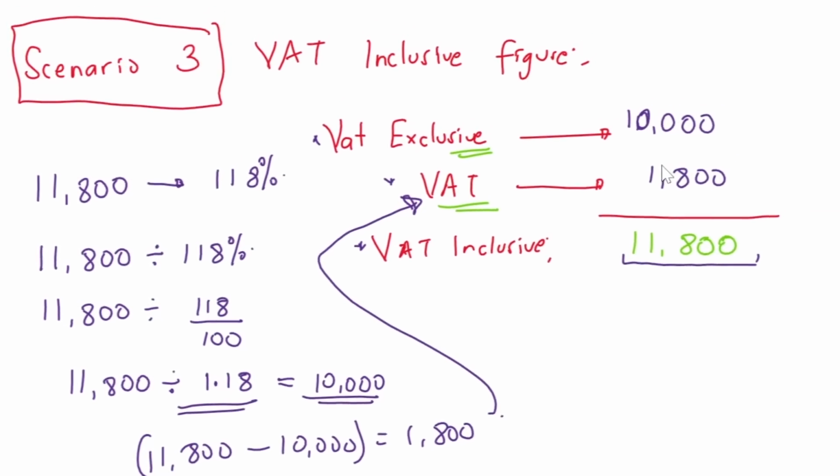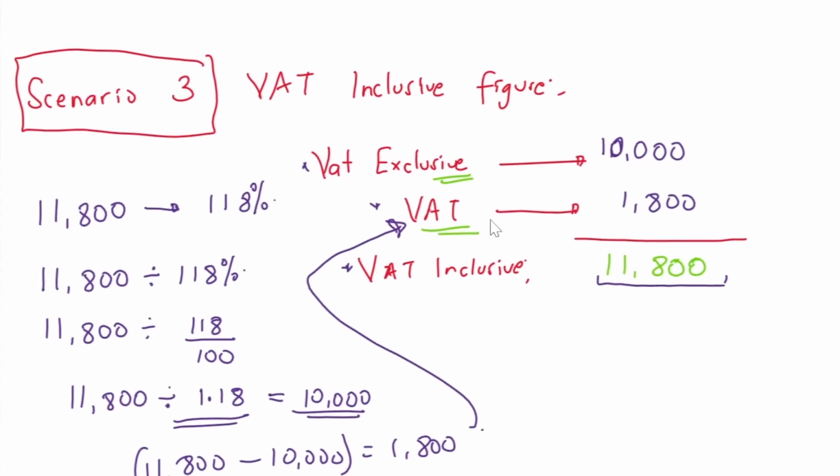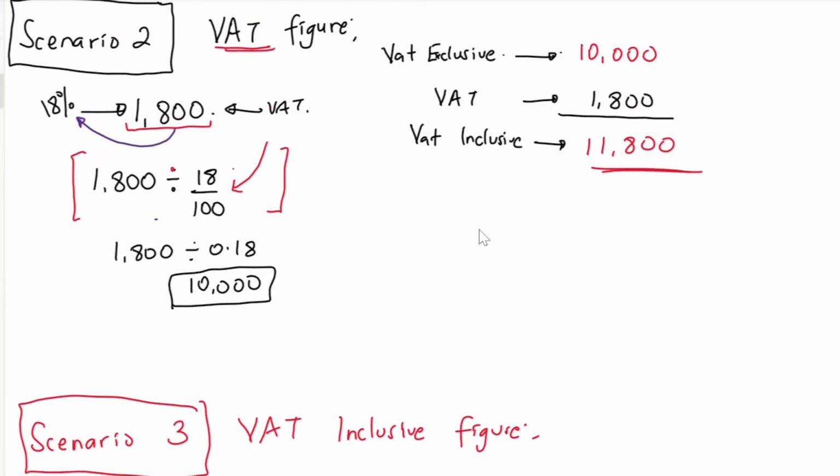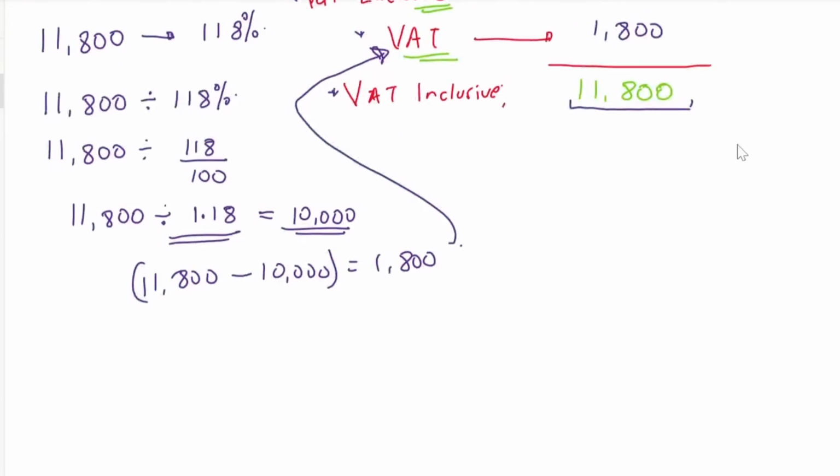Okay, so now that I have showed you, I think you've gotten the overall technique. The thing is to identify the figure and divide it by that. For example, here, if you only have VAT representing 18%, if you divide that by the percentage it represents, then you'll get back to the amount exclusive of VAT. It's the same thing here.